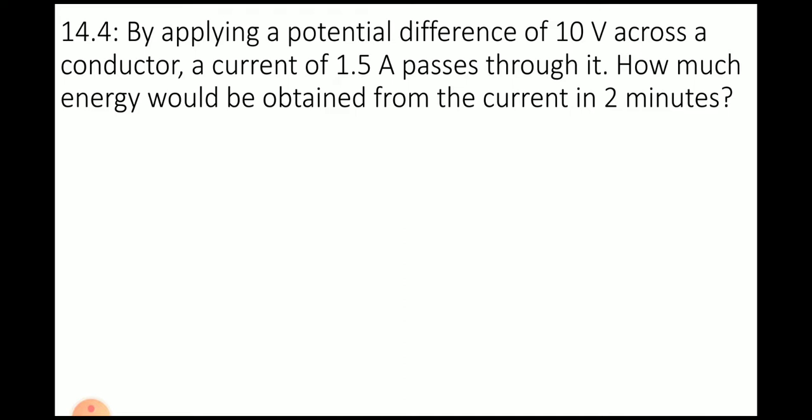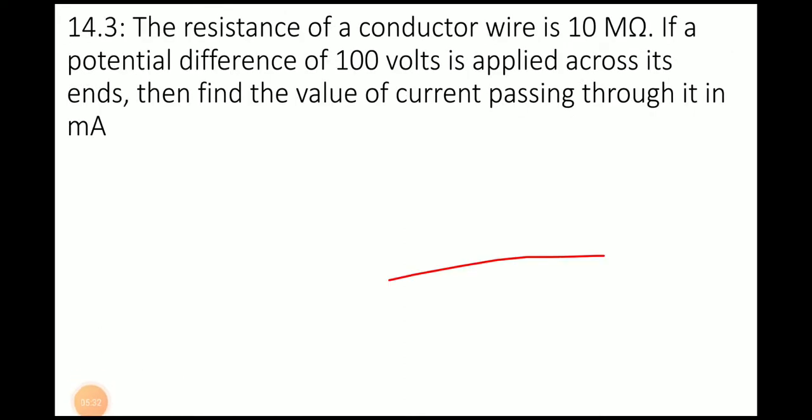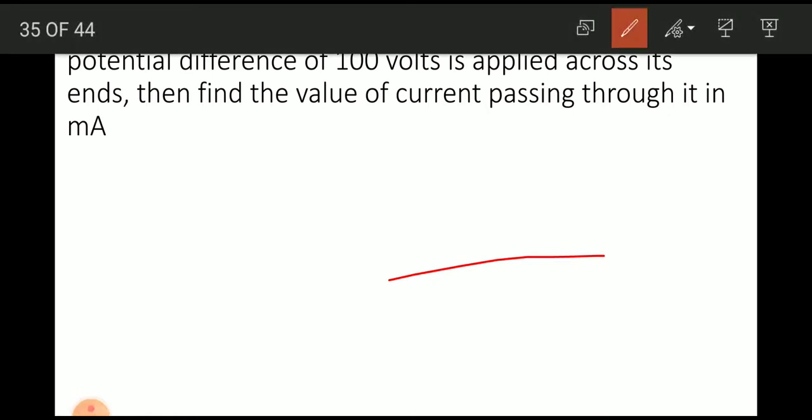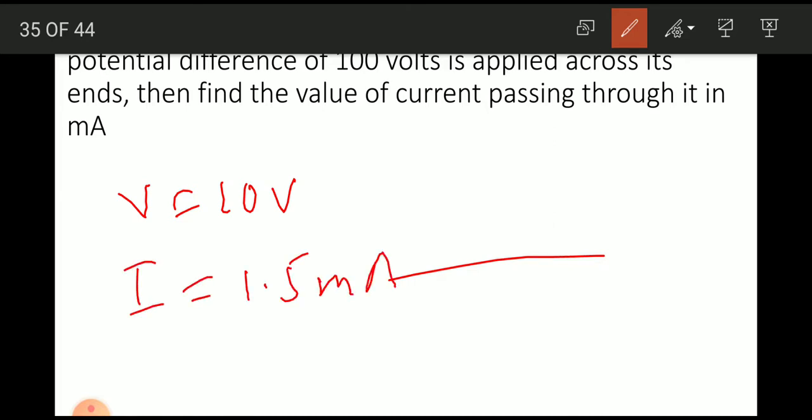So the potential difference is 10 volt, the current is 1.5 milliampere, and the time is 2 minutes, which is 120 seconds.